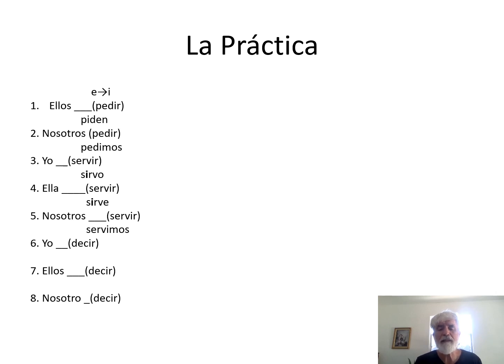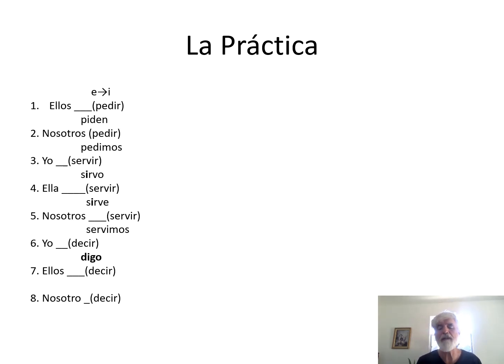And finally, let's take a look at the verb decir. It's doubly irregular. It's an irregular yo verb. We've learned it earlier as an irregular yo verb, but it just has an irregular form. But of course, there will be a stem change. There always is a stem change with stem changers in the yo form. It's just a little weird. It's yo digo, I say, or I tell. What about the ellos form of decir? Will there be a stem change?